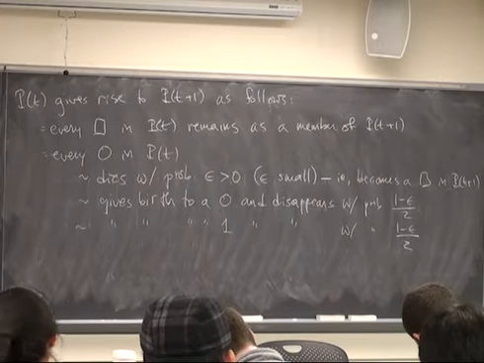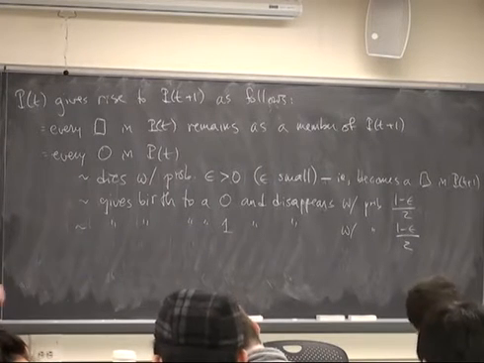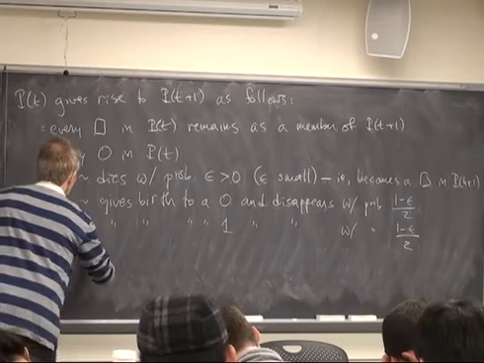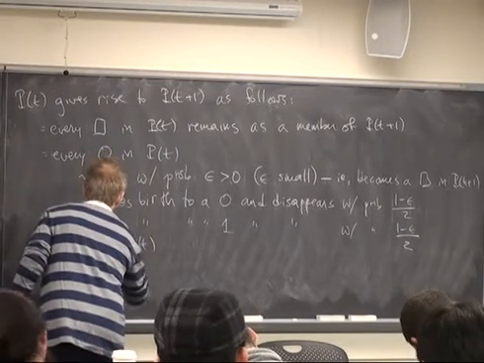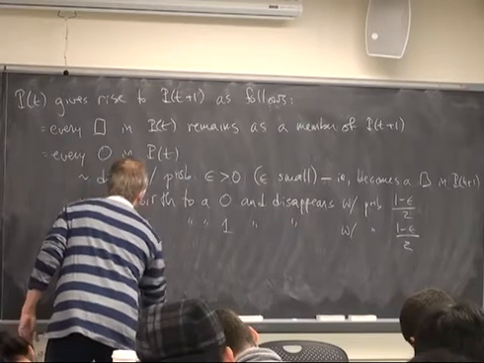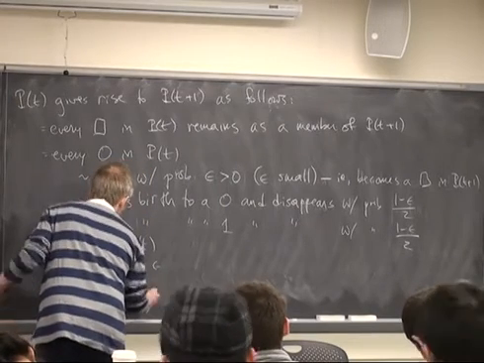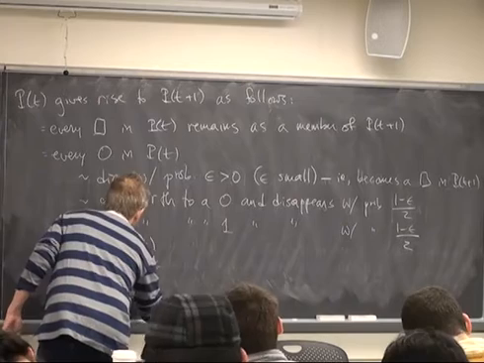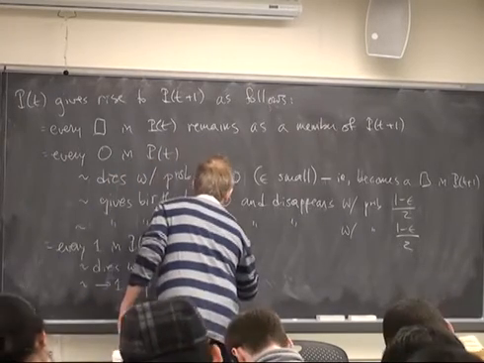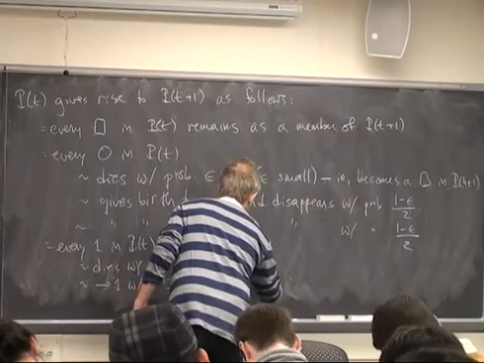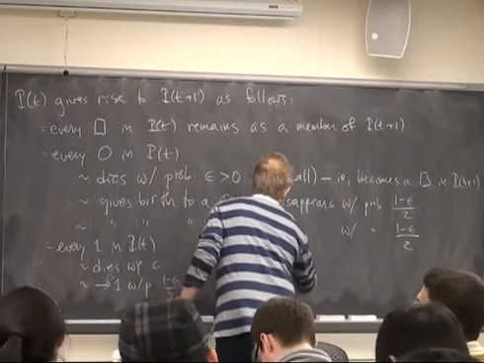And similarly, every 1 in P of t, the same. So every 1 in P of t, it dies with probability epsilon. It turns into or gives birth to a 1 with probability 1 minus epsilon over 2. And it gives birth, turns into whatever, a 0 with probability 1 minus epsilon over 2.